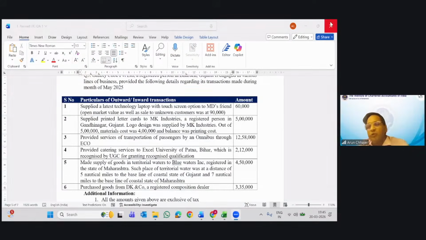When I apply the concept of open market value, when it is related parties, whether my MD का friend is my related party, friend, not family member, not controlling right. The answer is no. It is not my related person. And because it is not related party, therefore the 60,000 would be the value for this transaction.